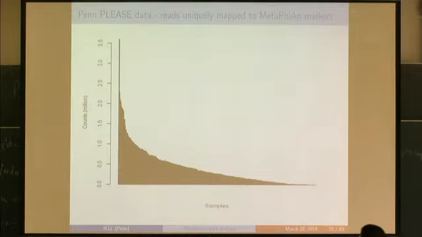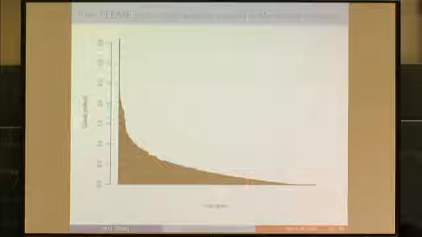I just want to show you, you probably all know this. We used MetaPhlAn to quantify the species abundance. I want to show you the plot of the number of reads we can map to the MetaPhlAn markers. It varies a lot from sample to sample. Some samples get a very small number of reads we can map to those markers.